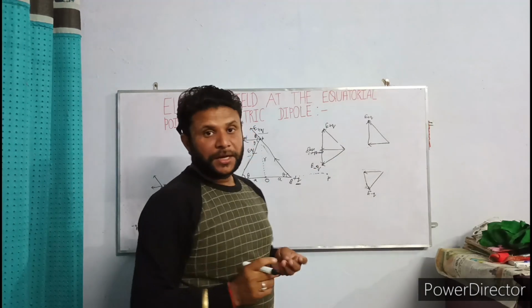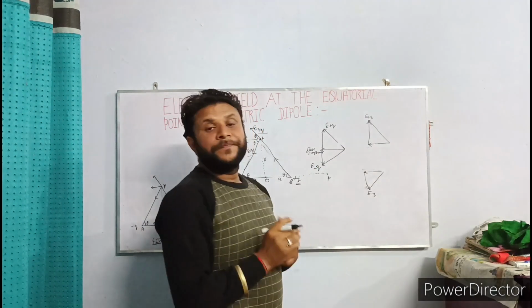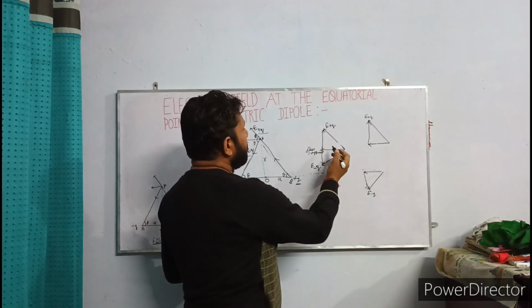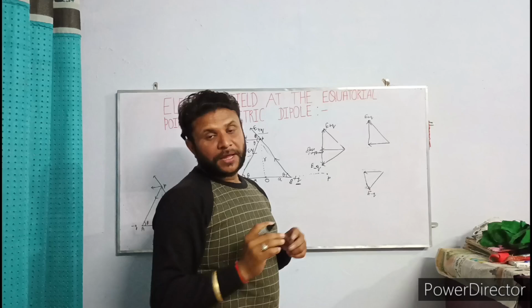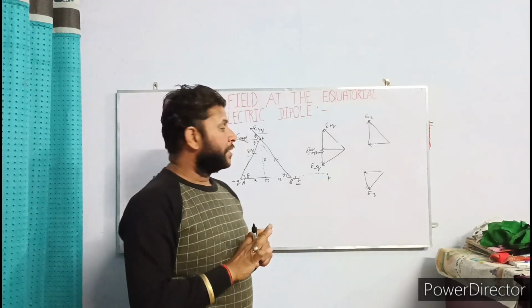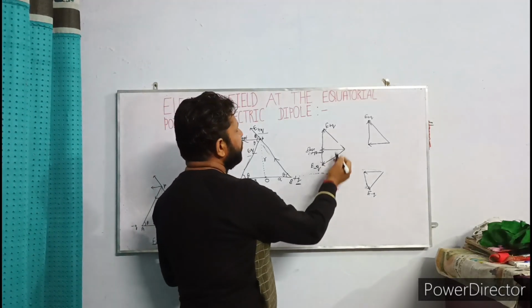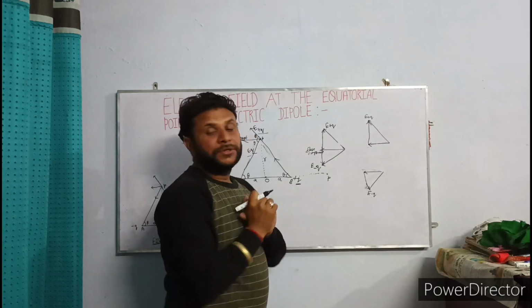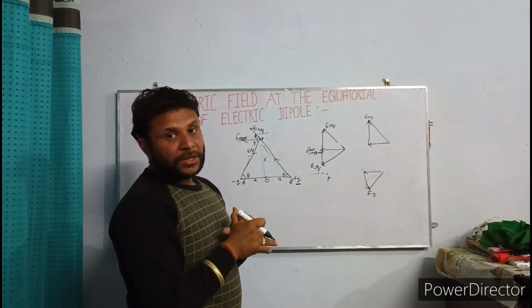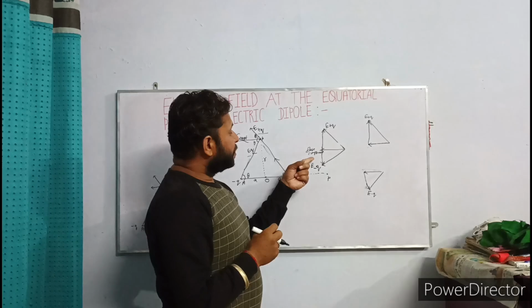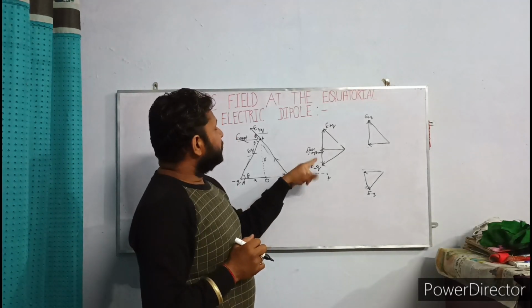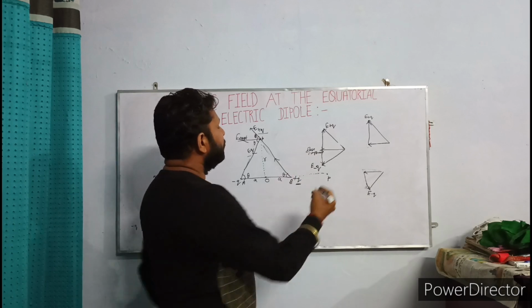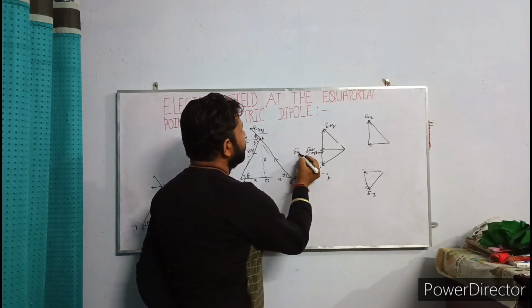Since their magnitudes are the same, this component and this component will cancel each other out. Normal components of E plus Q and E minus Q both will cancel each other. Only the base components will get added up, and it would be the E equatorial resultant.